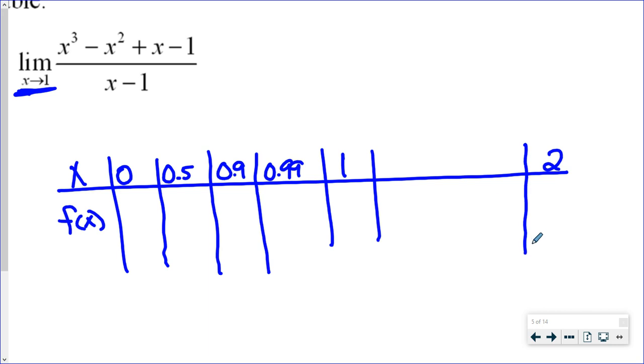What is a little bit closer to 1? 1.5, because we're trying to get closer to 1. What's closer still? 1.1. And what's even closer yet? 1.01 maybe.